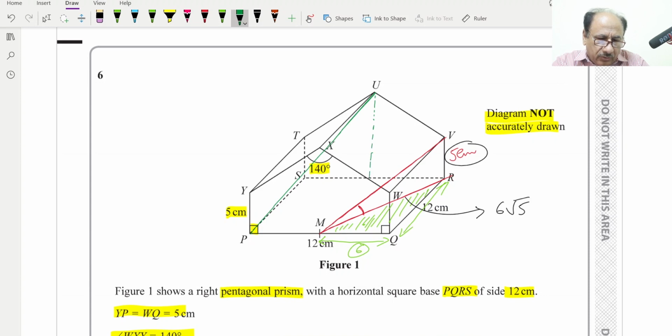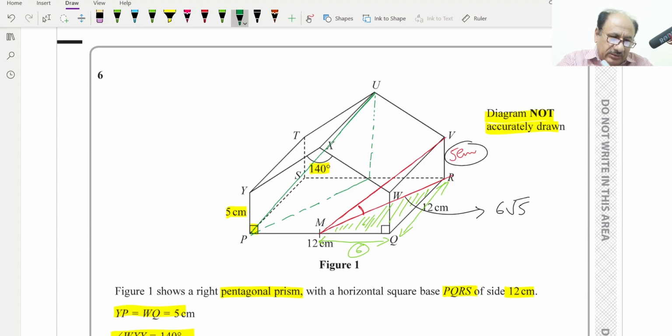I'm drawing for your consideration, and this will be basically the midpoint, and we can draw the triangle by joining these points also. This one also I'm drawing as a dotted line. Now we have this triangle, so we can find PU.